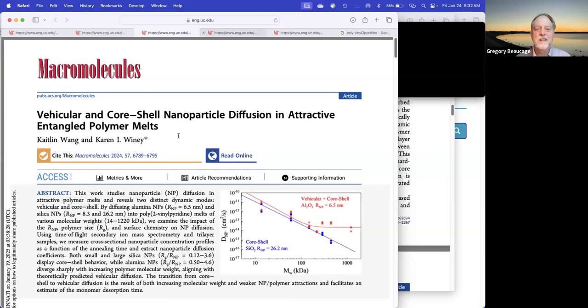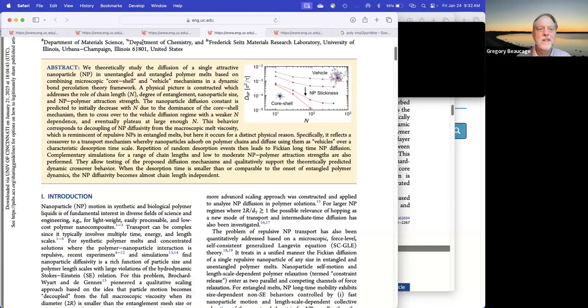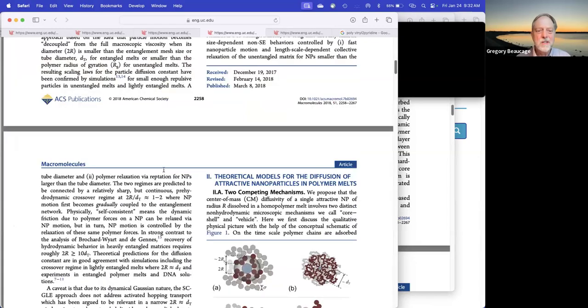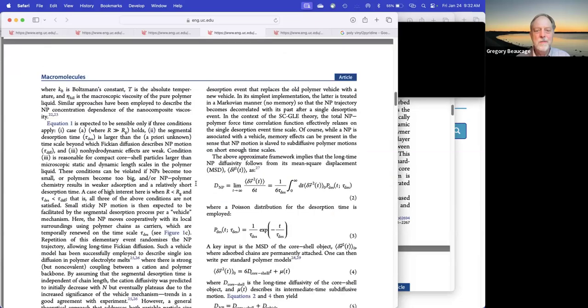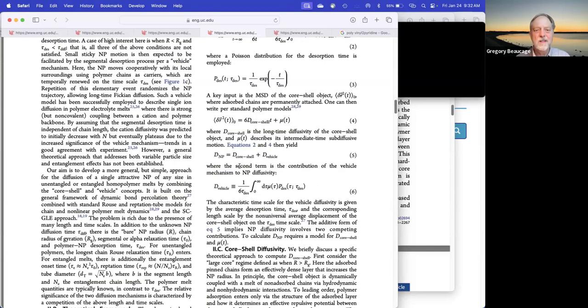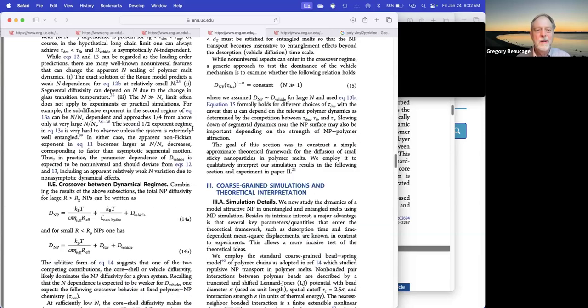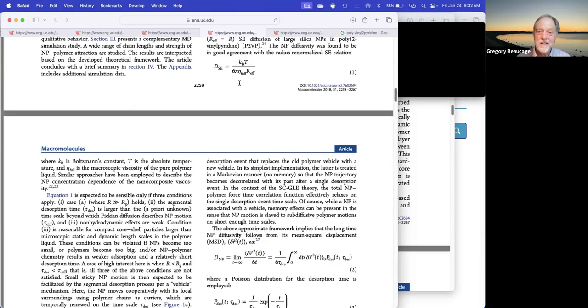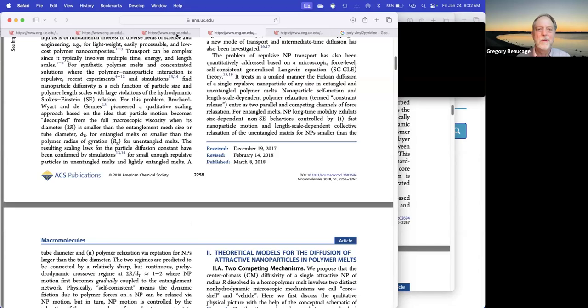So basically that's the framework they're dealing with. They're trying to see this transition. This paper is good in the introduction of the past, and then it goes into this new theory, these two modes, and then has too much detail, and we don't really care that much about the math. The point is that depending on the size of the particles, the attachment-detachment time scale, and the viscoelastic time scale, you can come up with these.